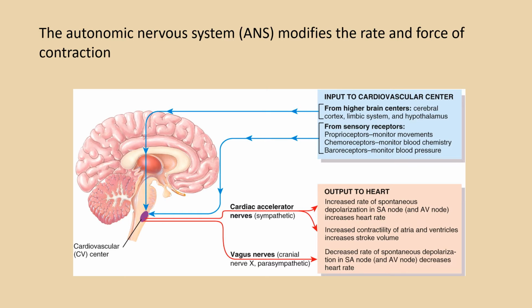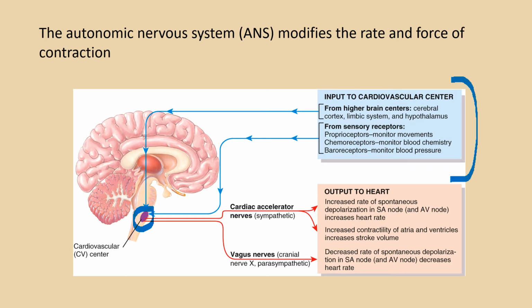Let me remind you, in this reflex, there are a variety of sensory receptors and sensory inputs into the cardiovascular center. The cardiovascular center is the integration center in the medulla oblongata, and it gives rise to two different forms of motor output: sympathetic and parasympathetic.